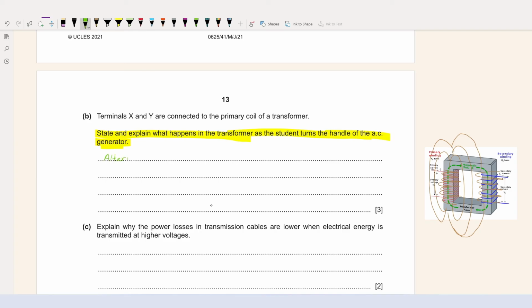Alternating current is there in the primary coil.